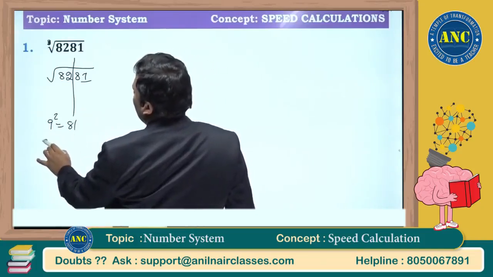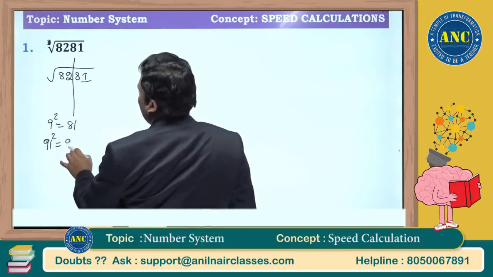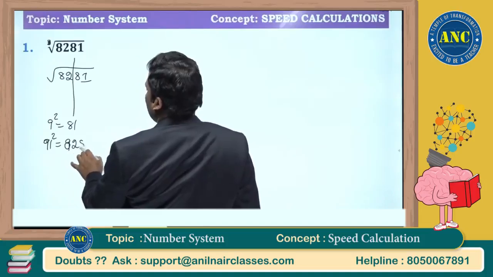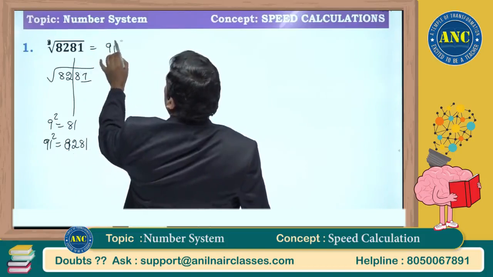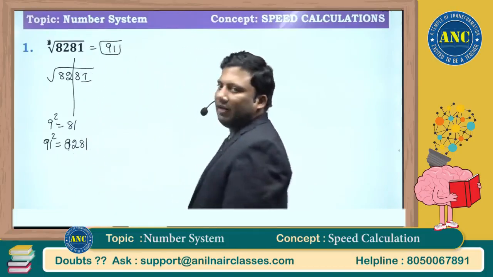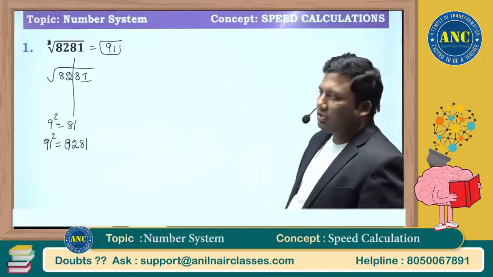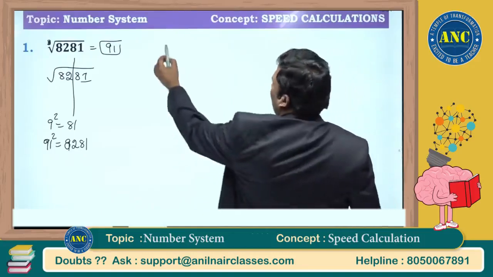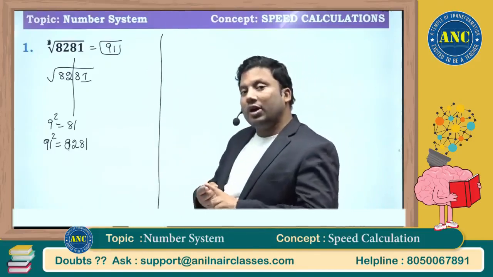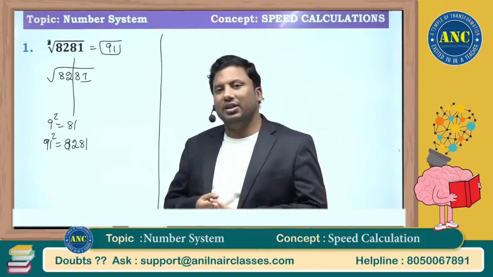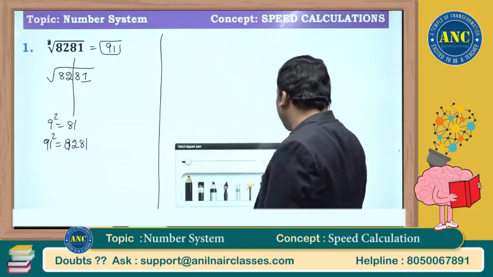So 100 minus 9, 100 minus 9 is 91 square. 91 square will be 82 81. The answer will be 91. Square root of 82 81 will be 91. I hope the idea is clear. We did the square root of a perfect square. We did the square root of a non-perfect square.